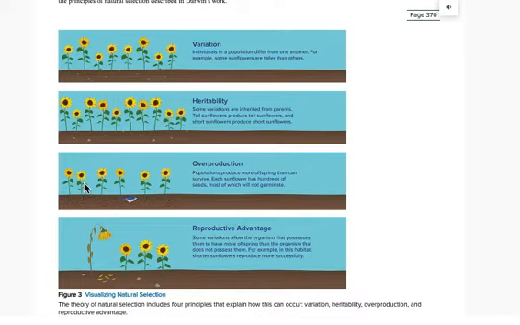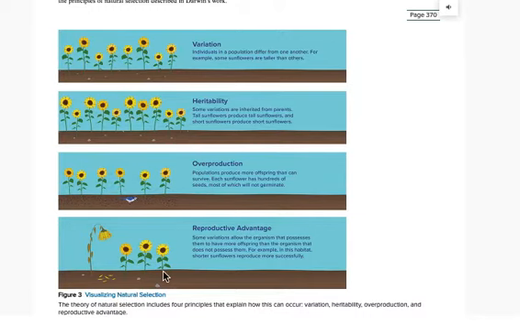All right, the next thing is overproduction. Certain populations, not all, produce way more offspring than will actually survive. So a sunflower might have thousands of seeds on just one flower, if you've seen a really big sunflower, and clearly they're not all going to plant themselves and become flowers.